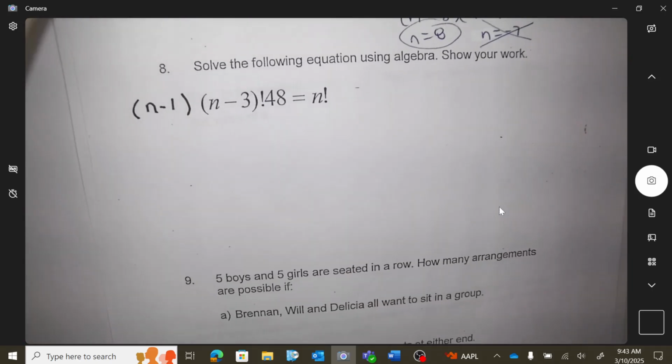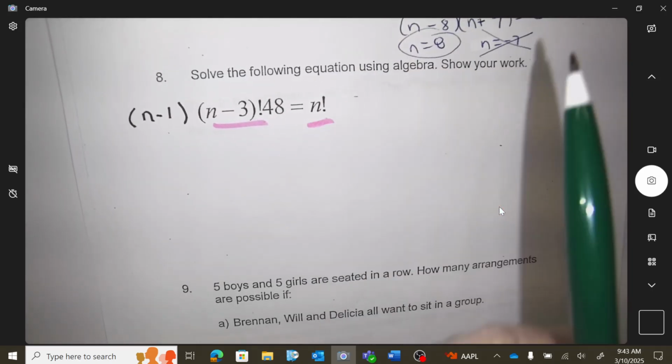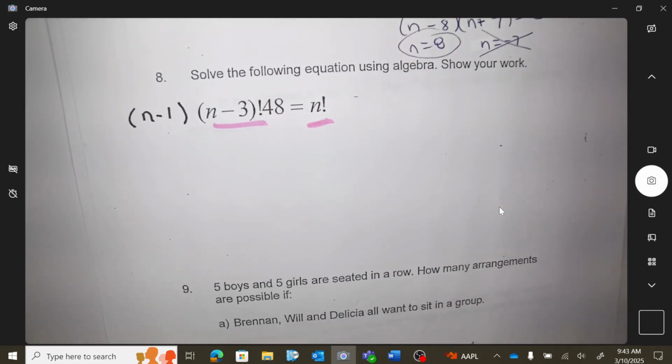Okay, so this is also an equation, so you will have something equals something by the end. So I'm going to find 2 factorials to work with. Expand the bigger one.